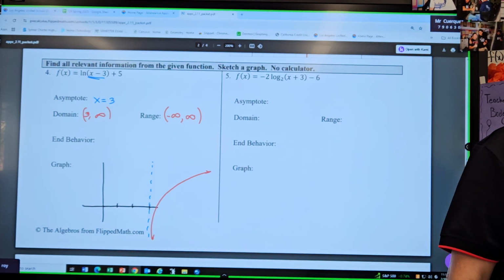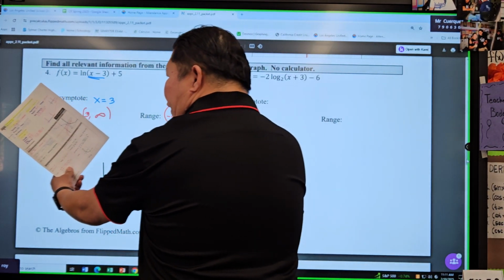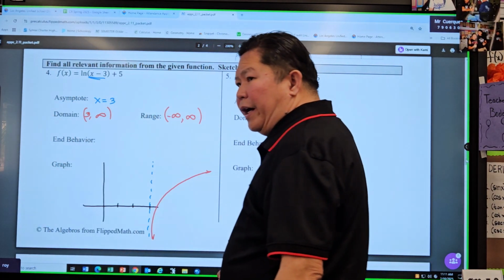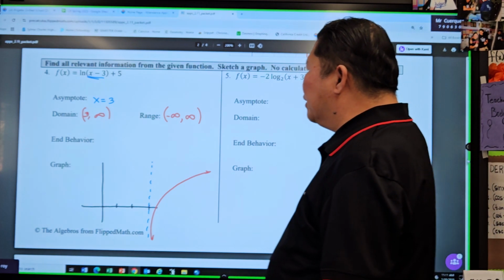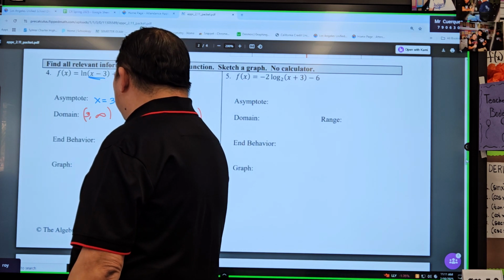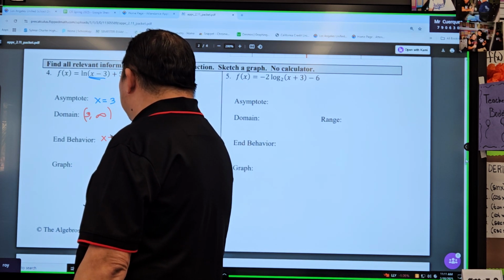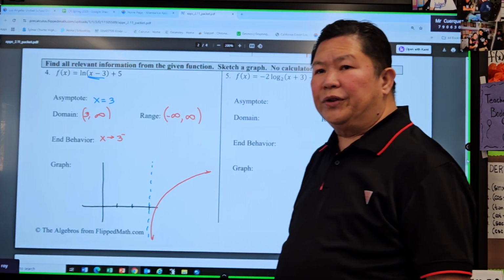Say end behavior. When we say end behavior, it is the value of x, left and right. For end behavior, let's take a look at the left value. So x left of 3.